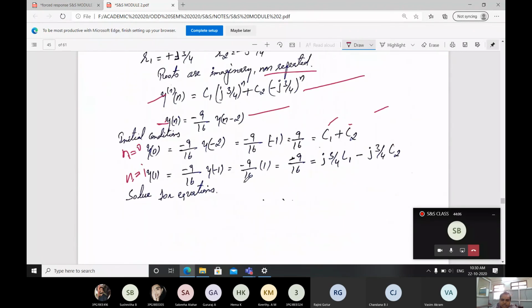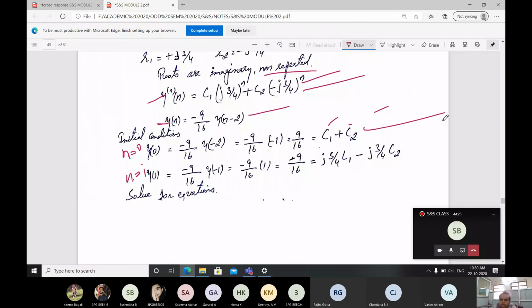Therefore, minus 9 by 16 equals, substituting n as 1, j 3 by 4 into c1 minus j 3 by 4 into c2.